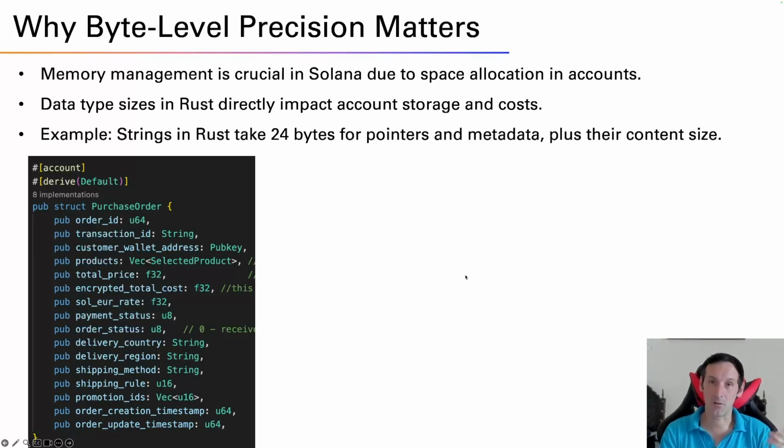It's an array, but it's a fixed size array of 32 bytes. So keep this in mind as we go into the next slide, because that will make a lot more sense.